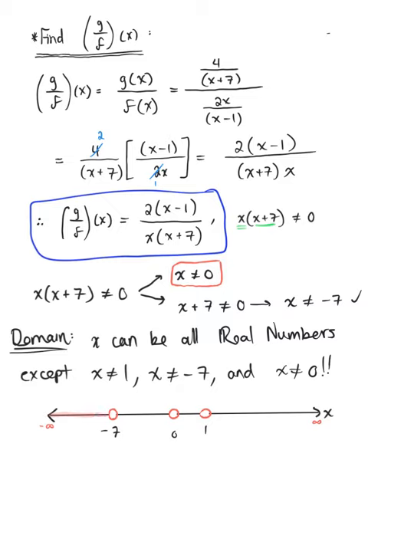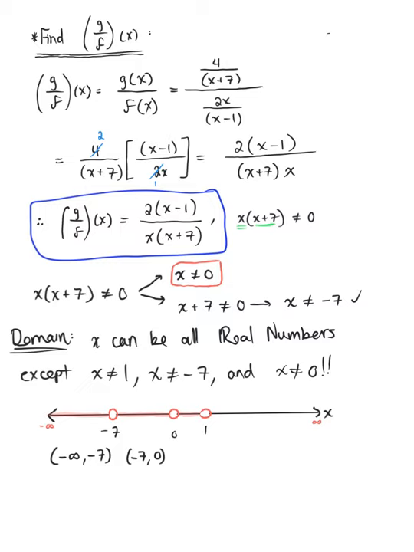So x can be any of these numbers from negative infinity. So this is from negative infinity to negative 7. We know that x can be any number from negative 7 to 0. So that means we can also include this interval, negative 7 to 0. We know that x can be any real number between 0 and 1.